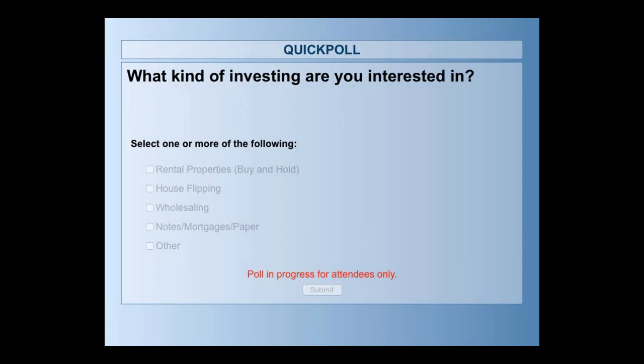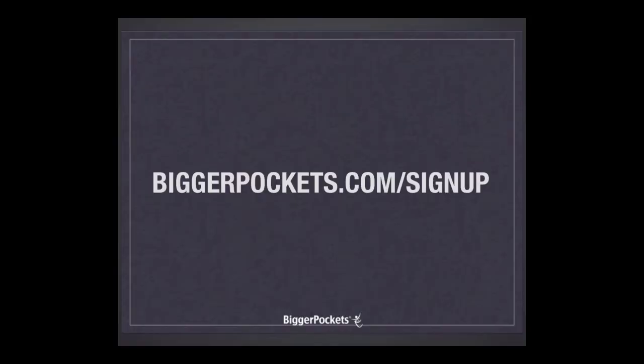All right, close poll. The options were rental properties, house flipping, wholesaling, mortgages, and other. We've got 77% of people here interested primarily in rental properties, 59% in house flipping, 35% in wholesaling, 12% in notes and mortgages, and 7% in other things. Okay, that's good to know.